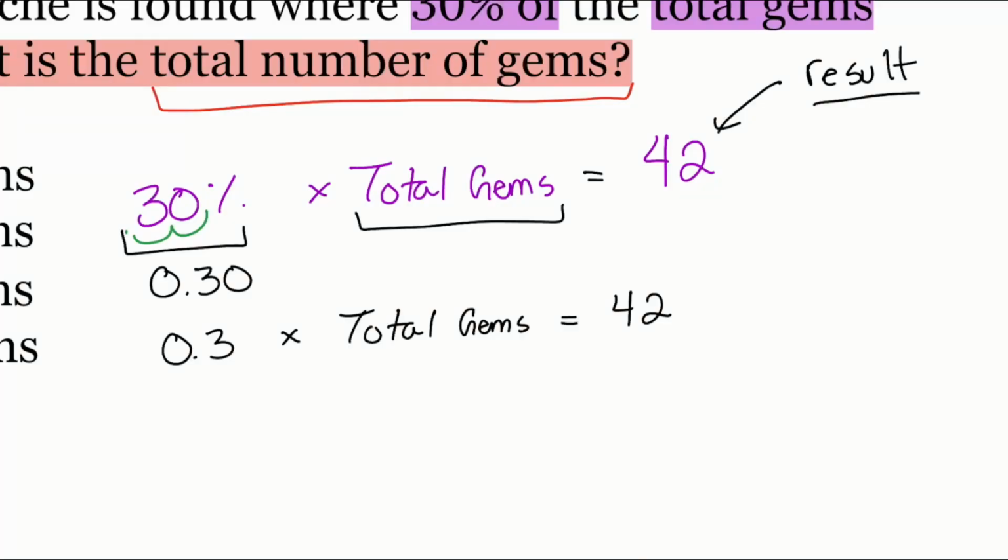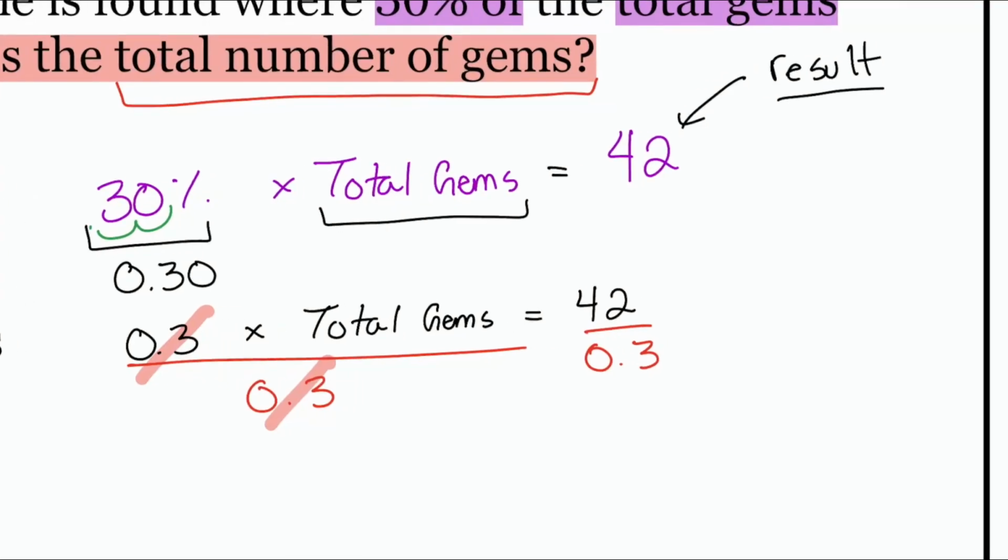With that, everybody, we'll divide now, like we said we would. So here we go. Divide 0.3 on the left and the right sides respectively. And with that, boom, it's going to cancel out on the left side. And now all we have to do is figure out what 42 divided by 0.3 is.